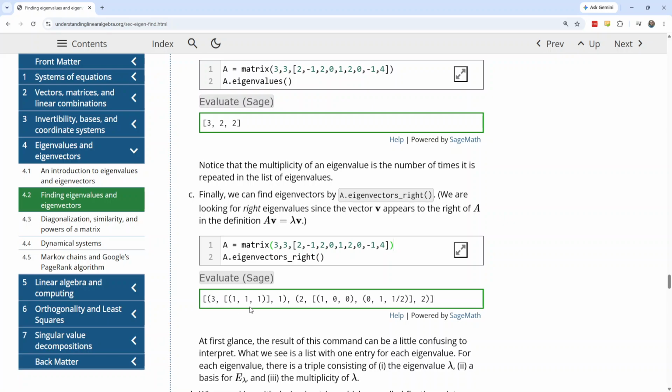So this time 3 has an eigenvector 1, 1, 1. Okay, and so a basis for the eigenspace there just with one vector. For 2, we can see actually 2 vectors listed. So these are going to be 2 linearly independent vectors that span the eigenspace corresponding with lambda equals 2, and therefore be a basis for that eigenspace.